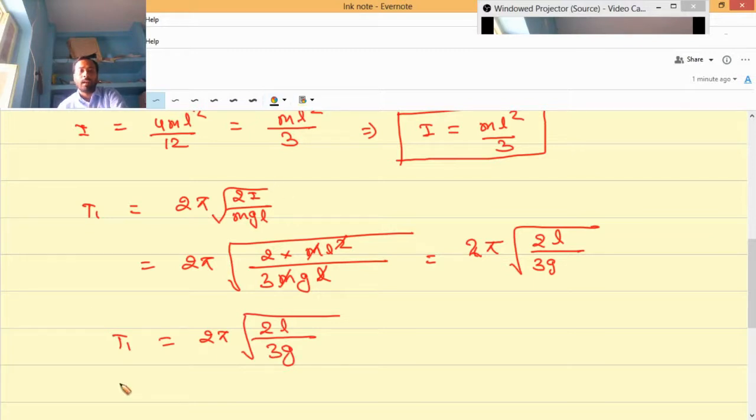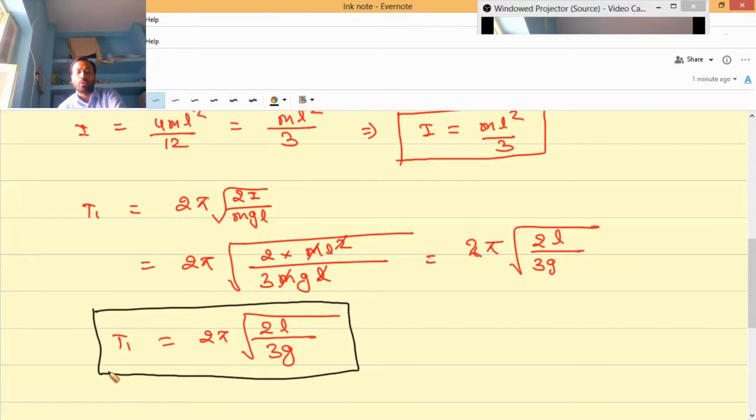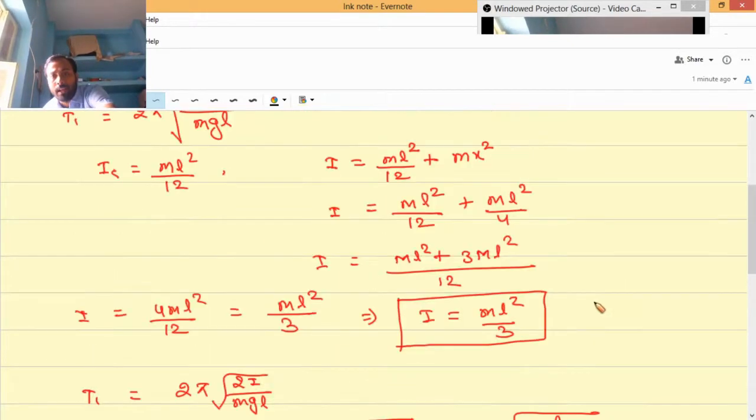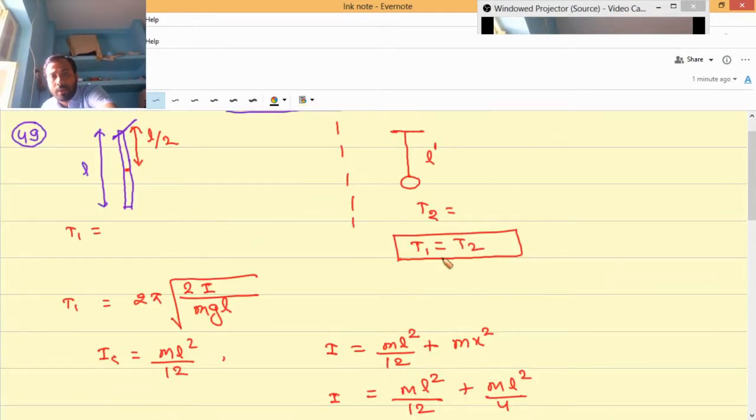We have evaluated the time period for the uniform rod. And the time period for a simple pendulum, we know, is 2 pi under root L by g. But for this particular problem, our L is L dash.